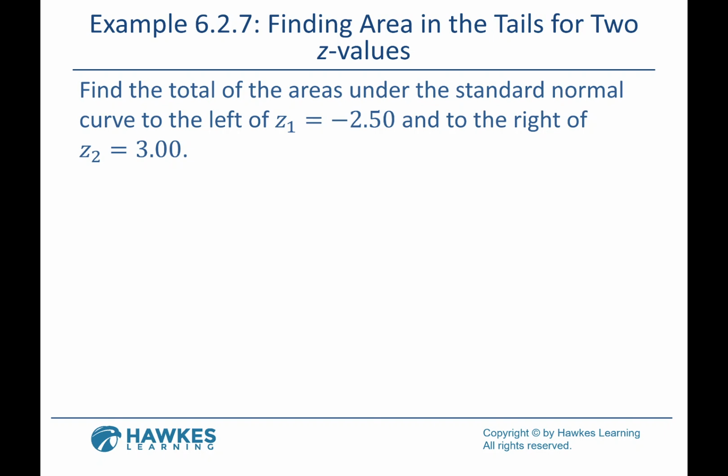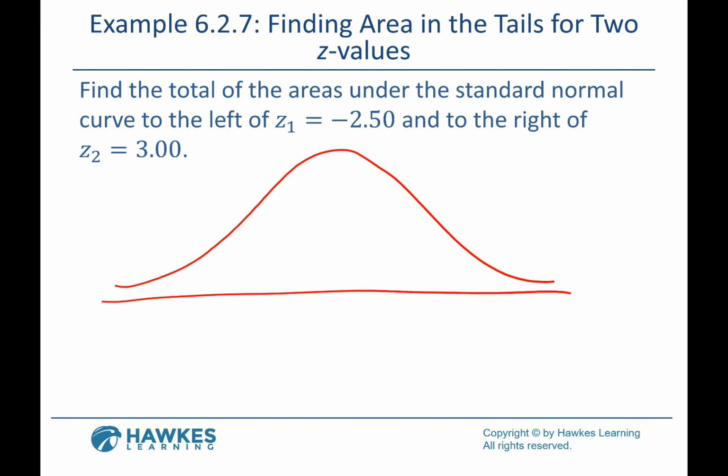So what's happening here, if we make our little sketch, this is saying we're going to go to negative 2.50, and we want the area to the left of that one plus the area to the right of 3.00, so plus this area. So what we're looking for is this area and this area put together. We want to know the total there.